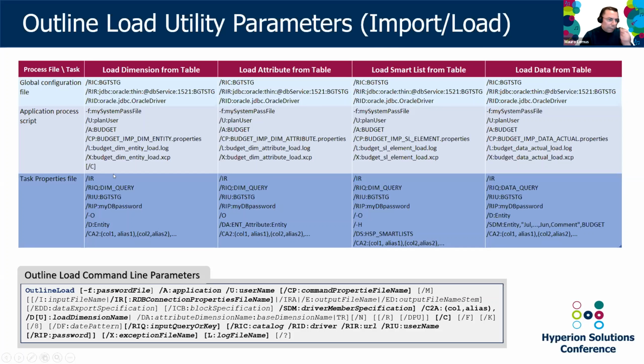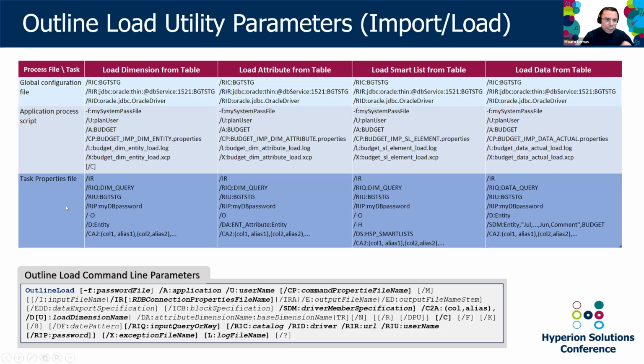Later, in the library, the idea is that you will use some parameters that are common for each of the particular tasks you are defining. In this case, for example, we need this parameter if we want to refresh the outline to Essbase. We need to define which property file we are using, which database we are using, the user, and also which log file. So we can separate those and assign these to each task that we need.